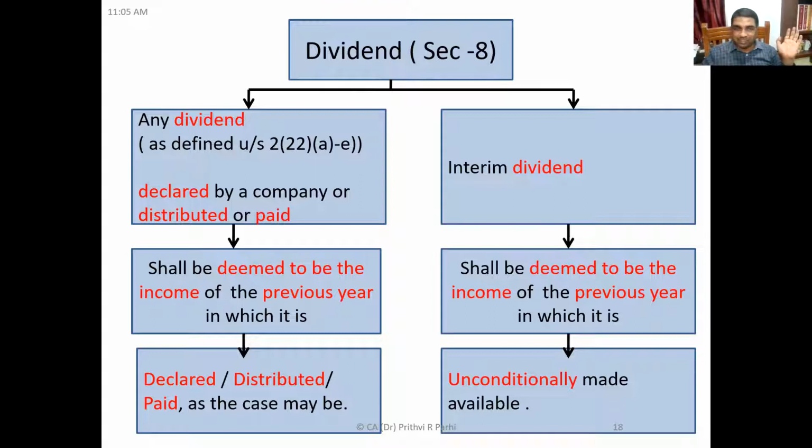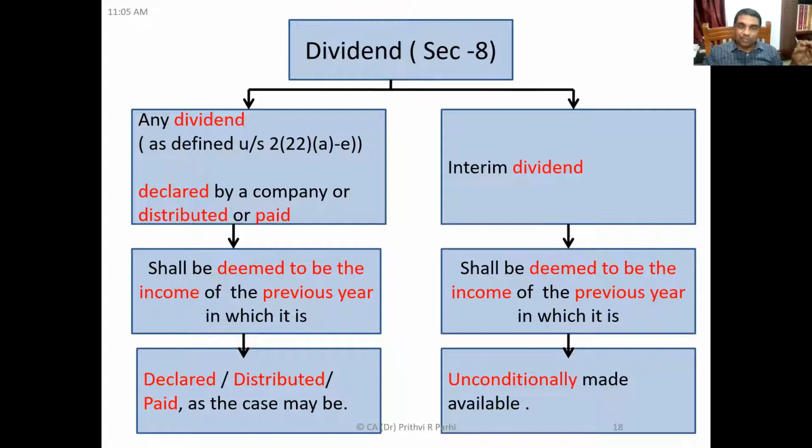This is the provision. That means interim dividends are not considered income on the basis of declaration, distribution, or payment. For final dividend, if any one thing has happened, then it is income. But for interim dividend, the law says, when it is unconditionally made available.